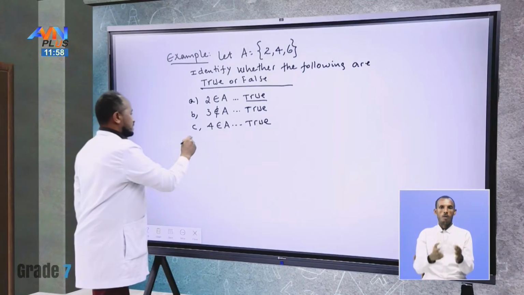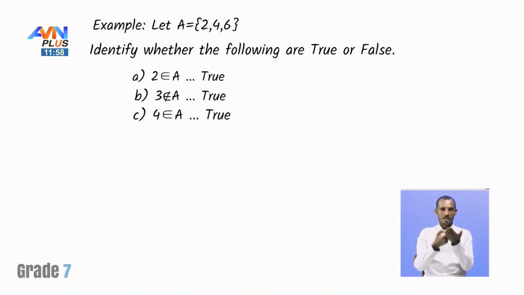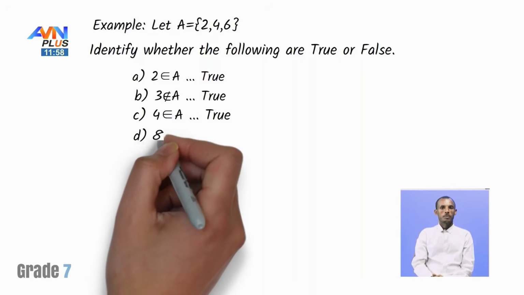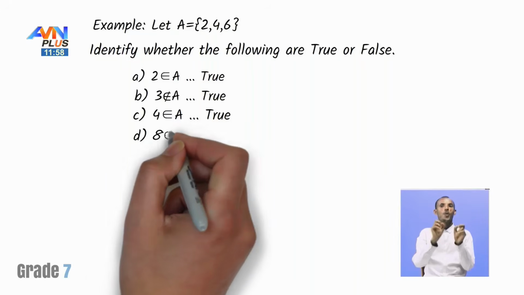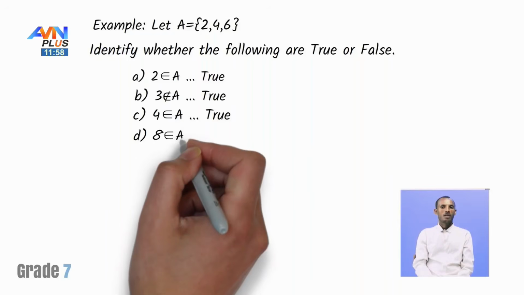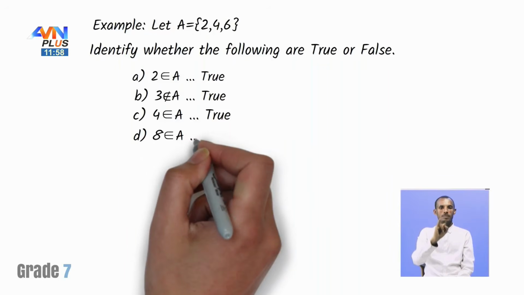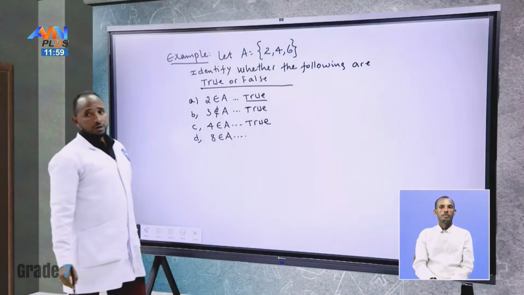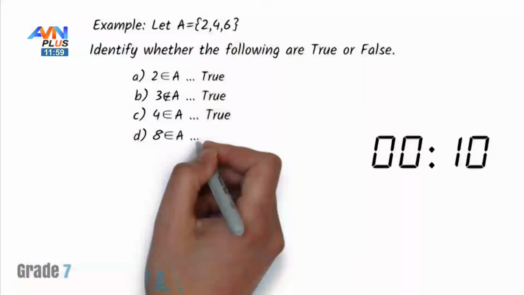Now let's see the next example, D. 8 is an element of set A. I will give you 10 seconds for this question.